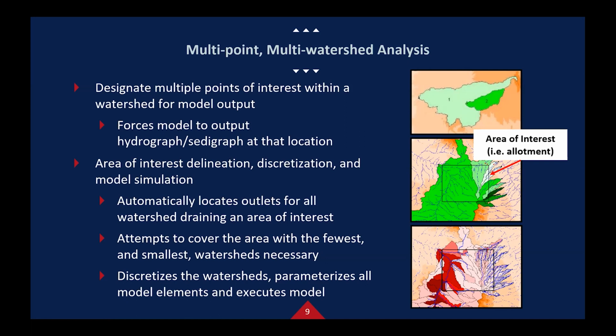So again, if you have some type of disturbance like a wildfire, you would identify the wildfire area, and you would find all the watersheds that drain from that area or through that area. Then you'd be able to identify which watershed you are interested in terms of that disturbance. So in this case, maybe this was a fire area, and you're seeing that we had much higher flows on the west side compared to the east side.